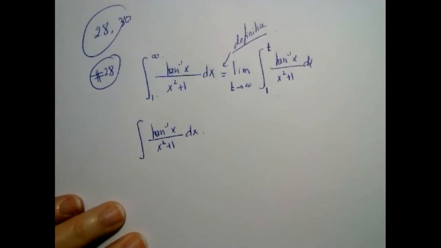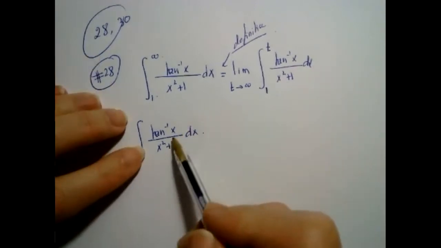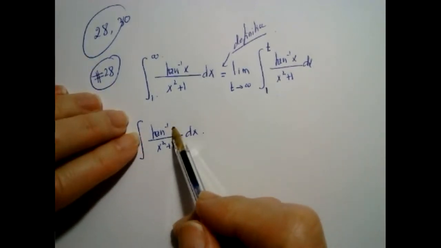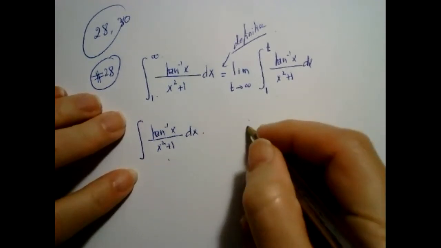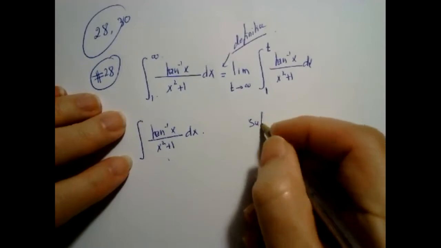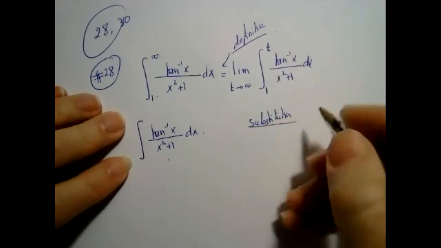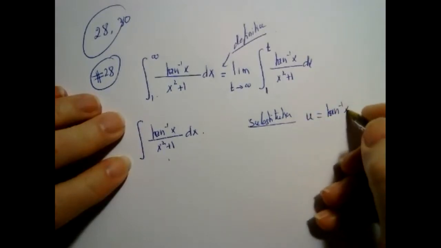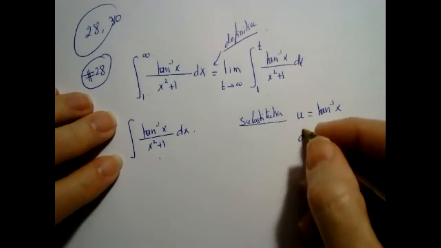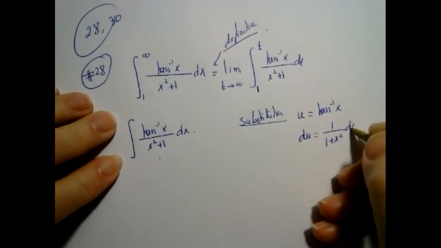Substitution? Substitution, exactly. Because what do we see? It's almost like we see tangent inverse, and we see its derivative, 1 over x squared plus 1. So we're going to use the substitution u equals tangent inverse of x. The du is 1 over 1 plus x squared dx.